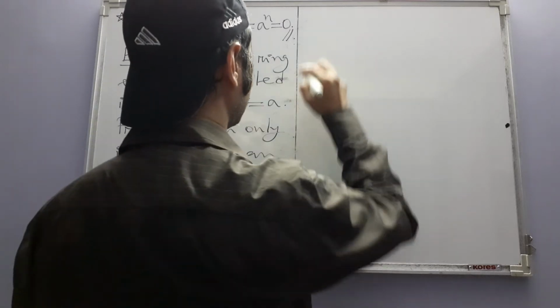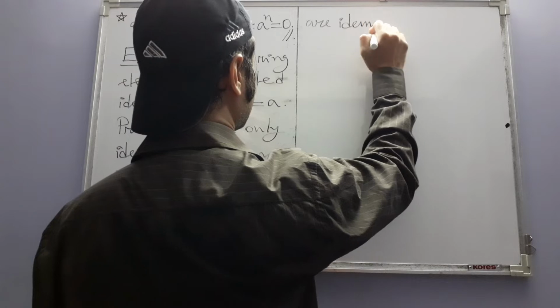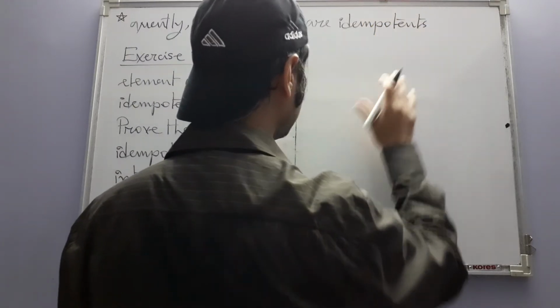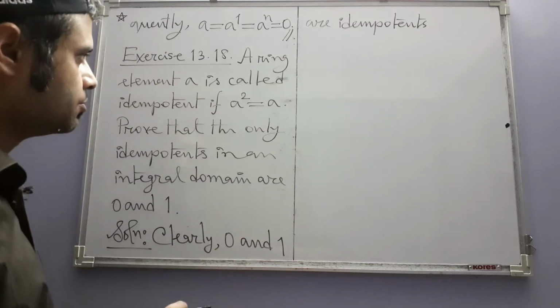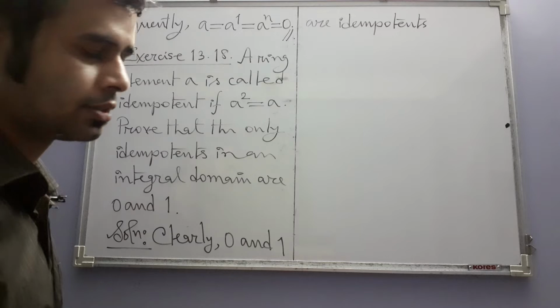Clearly 0 and 1 are idempotents. Idempotent, this word is used both as a noun as well as an adjective.